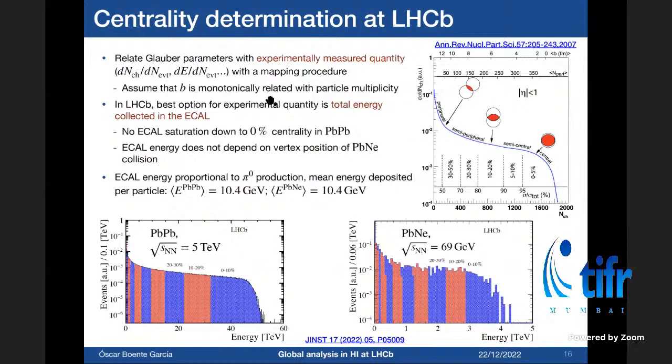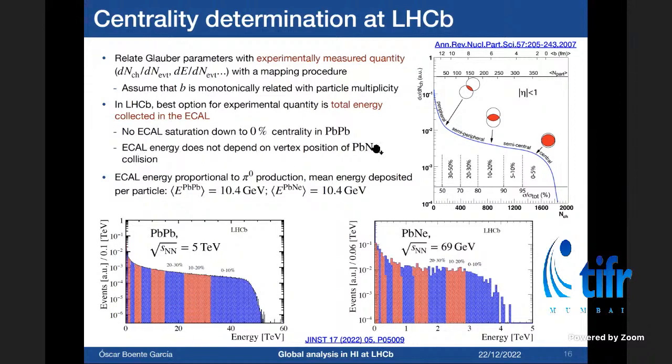So as I said, the best option for us is to use the energy collected in the ECAL. The reason is because we don't have saturation, and we cannot say that for the tracking detectors. And also for lead neon, where we do not have saturation in the VELO, thankfully, it's better to use the ECAL in any case, because the energy doesn't depend on the position of the vertex.